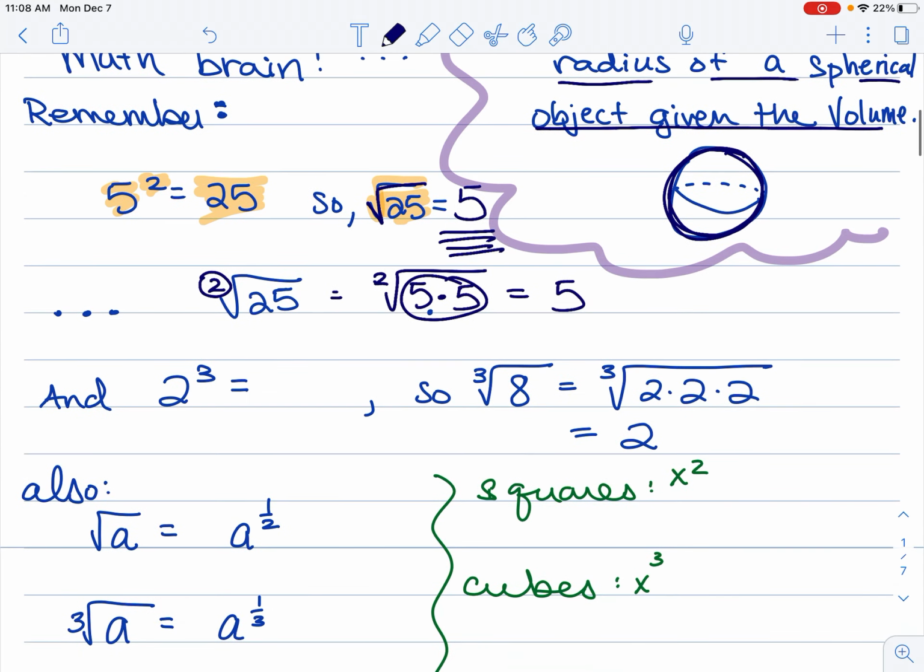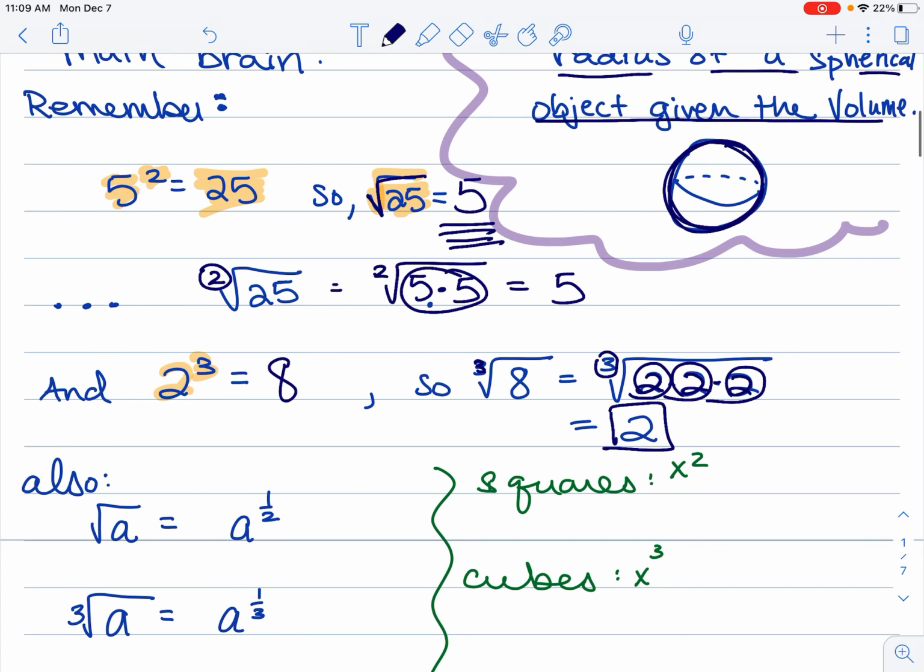And similarly, if you've got 2 to the 3rd, we know that equals 2 times 2 is 4, times 2 again is 8. So the third root of 8 equals the third root of 2 times 2 times 2, which remember this root just means can we pull out 3 identical things? So 1, 2, 3 2s, which means I can pull a 2 out of the root, and the third root of 8 is just 2.